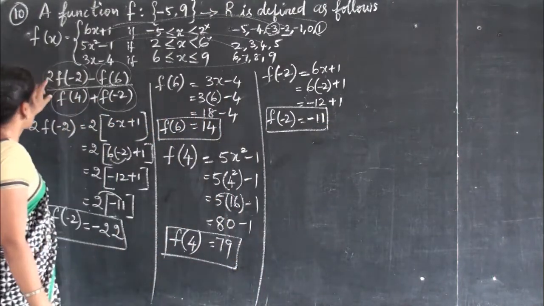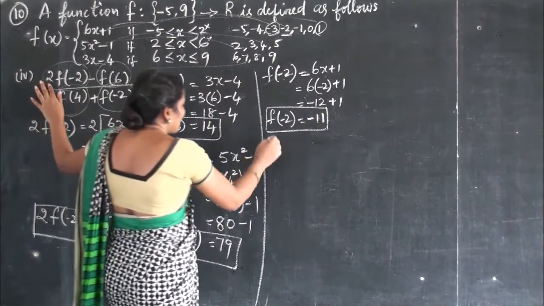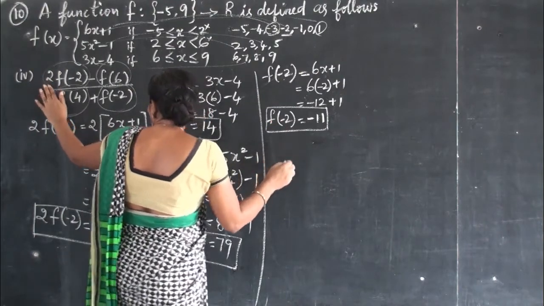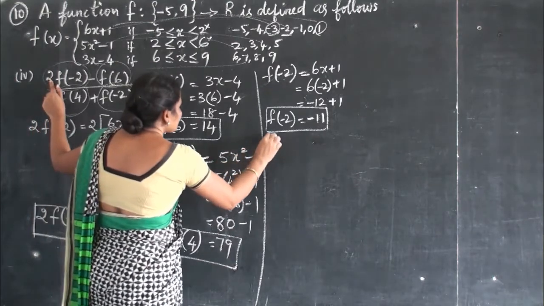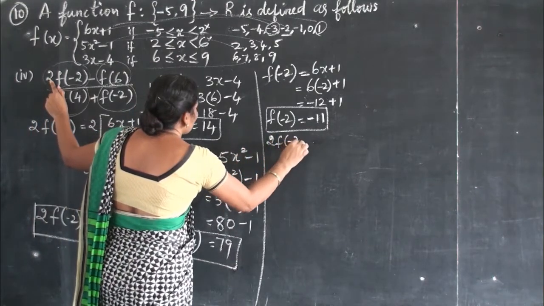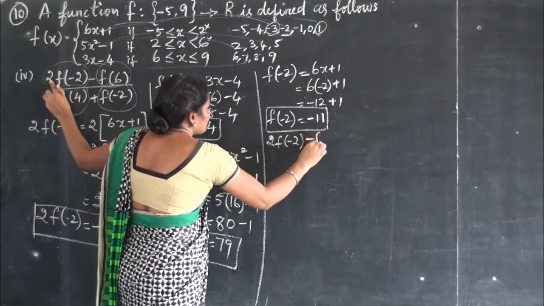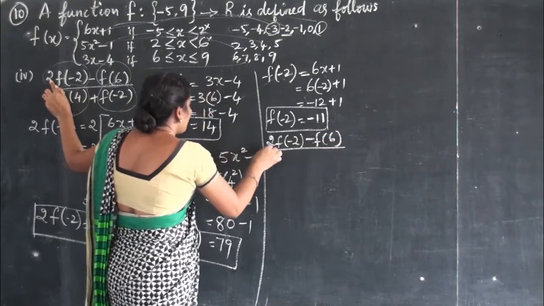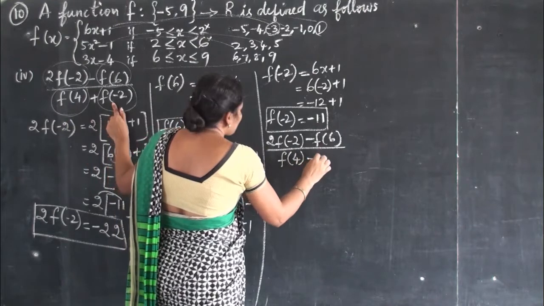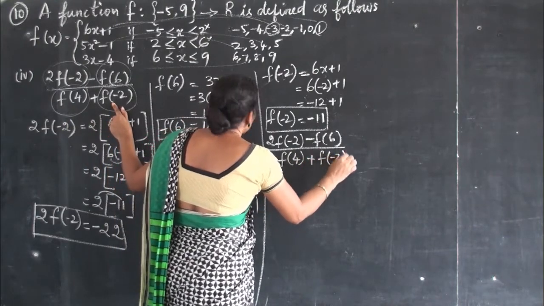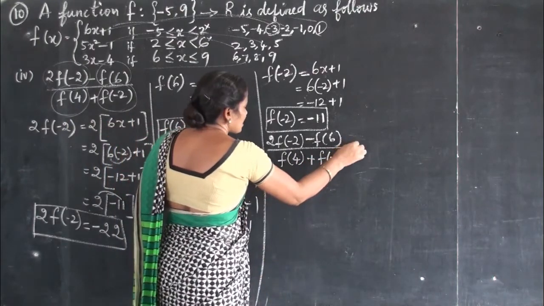Now you can come to the question. Substitute the values, substitute the answers. What you got? Here write 2 f of minus 2 minus f of 6 divided by f of 4 plus f of minus 2. Okay, just substitute.